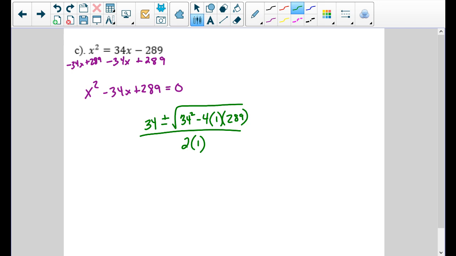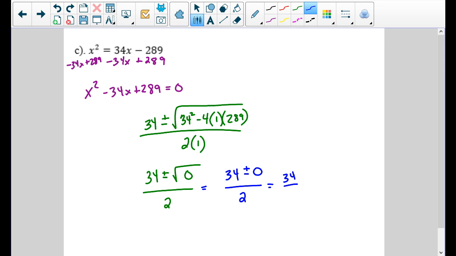Plugging this in, we get 34 then, plus minus square root. We get 0 in that, and 2 times 1 is 2. Now, square root of 0 is just 0. If I add 0 to 34, I get 34. If I subtract 0 from 34, I get 34. So this really only is going to turn into 34 divided by 2, which is then 17.